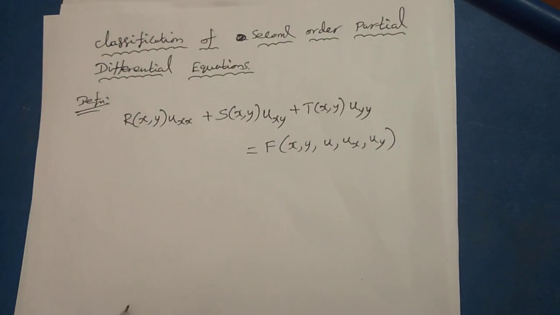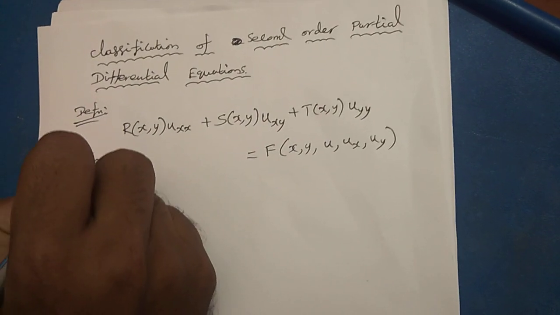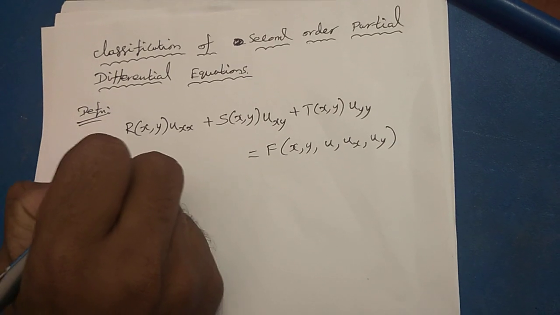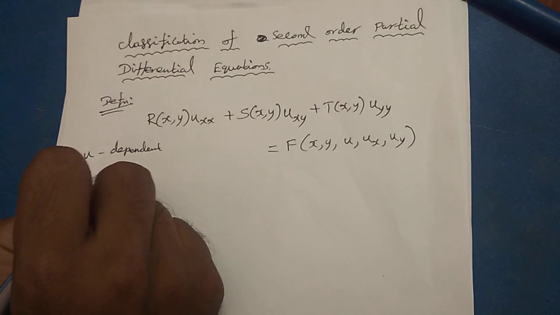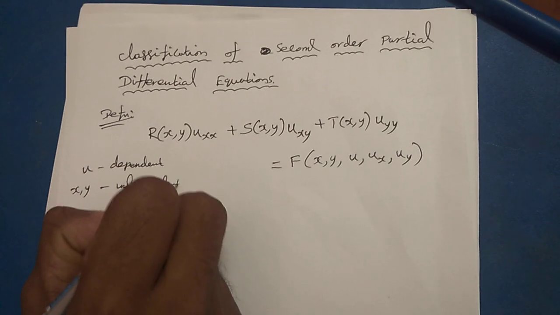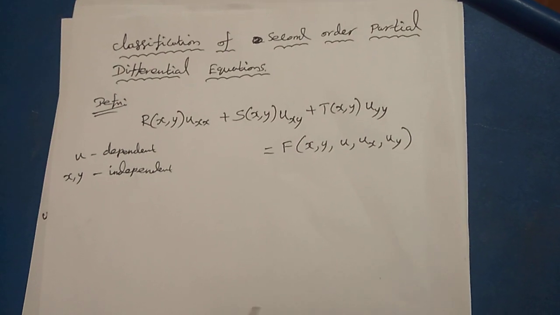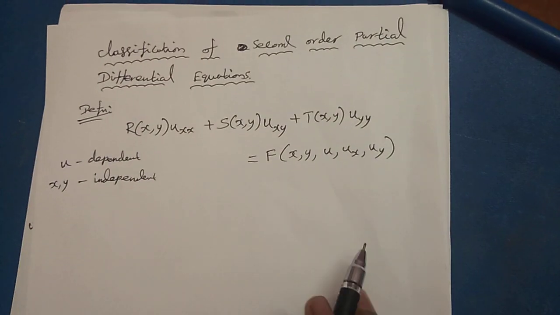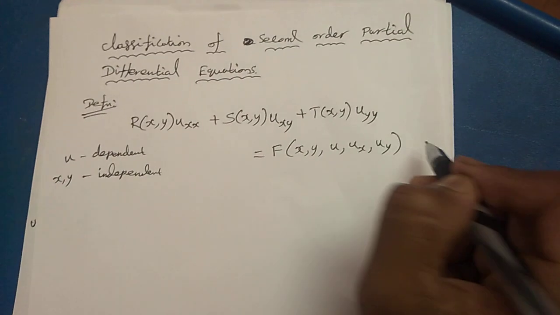So here u is my dependent variable, and x comma y both are independent variables. The semilinearity part comes in the right hand side.